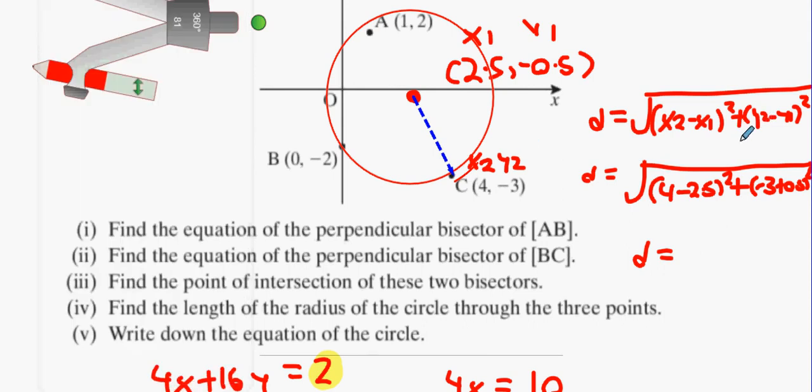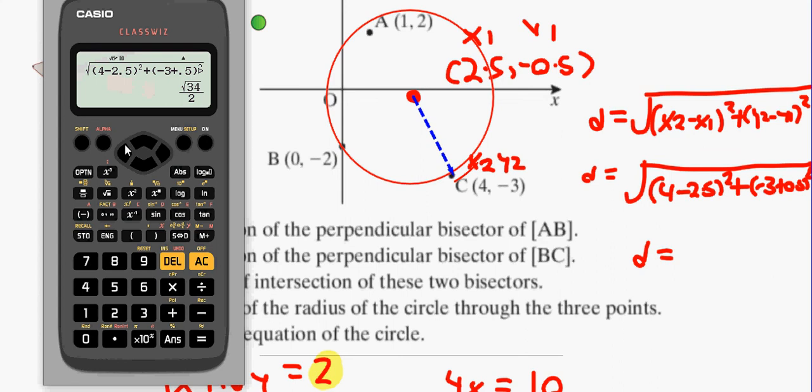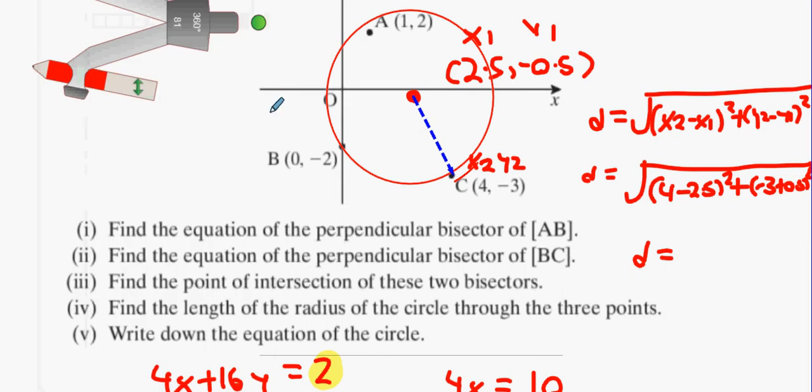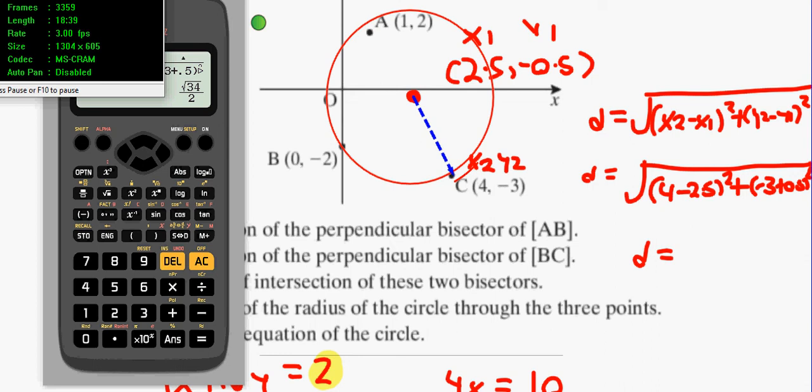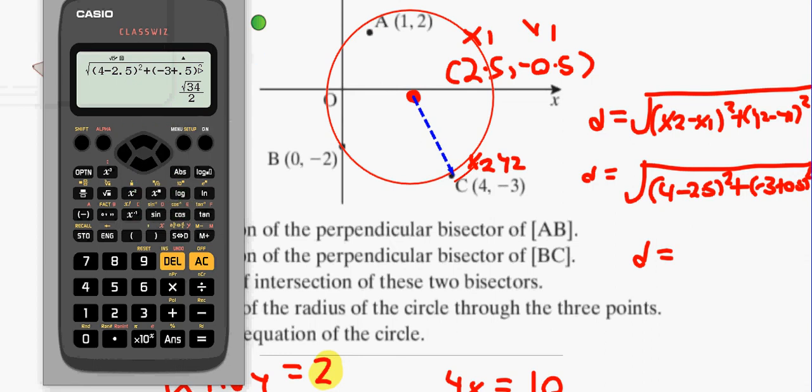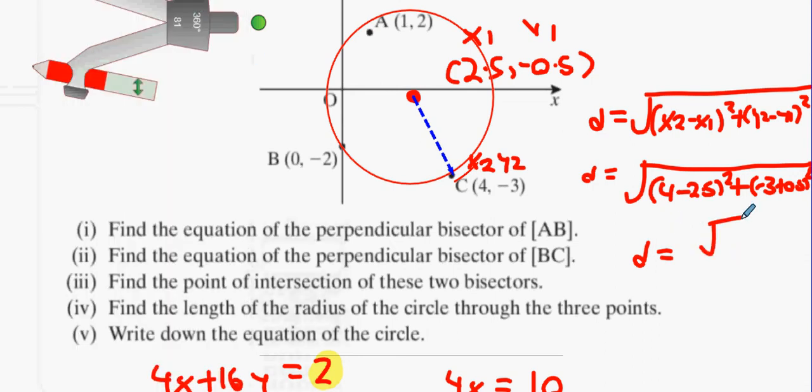y2 minus y1, y1 minus 2.5. Alright guys, sticking to it. My radius is root 34 over 2. You'll see why in a second, okay?